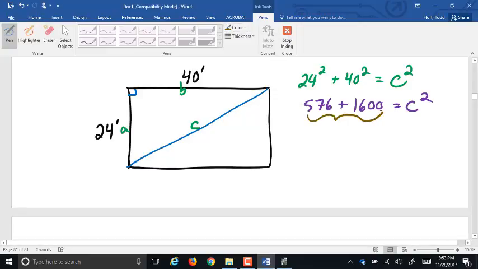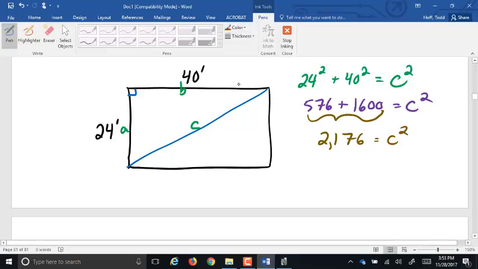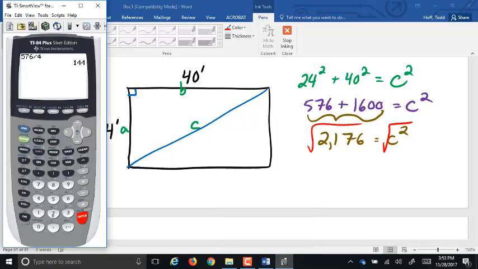We add those together, 576 plus 1600 is 2176 equals c squared. And now we go ahead and square root. So the square root of 2176 is 46.65.